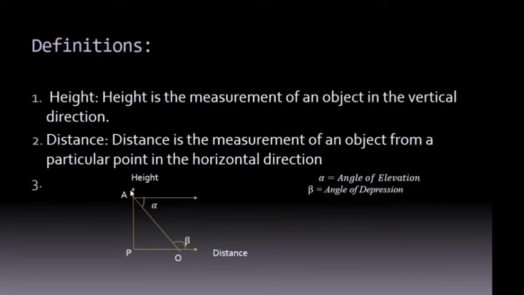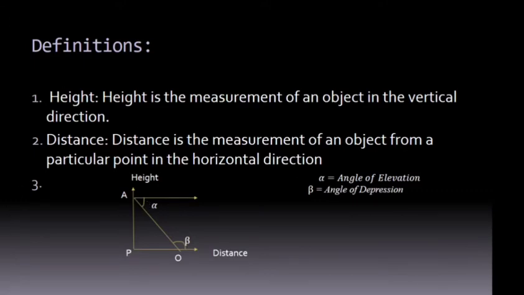The angle which the line of sight, that is the line AO, makes with the horizontal through A is called alpha. Okay, I repeat, the angle which the line of sight AO makes with the horizontal through A, this is the horizontal line through A, right, is called alpha, that is the angle of elevation.